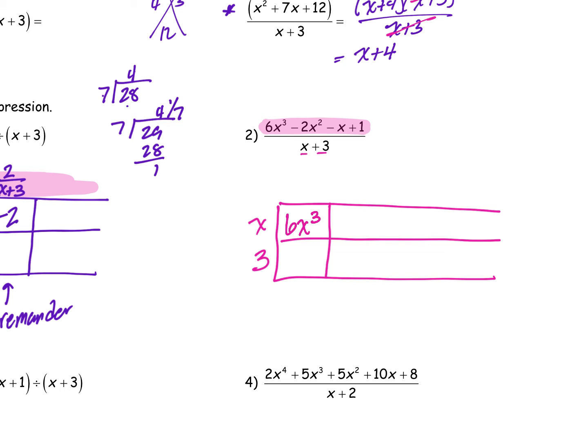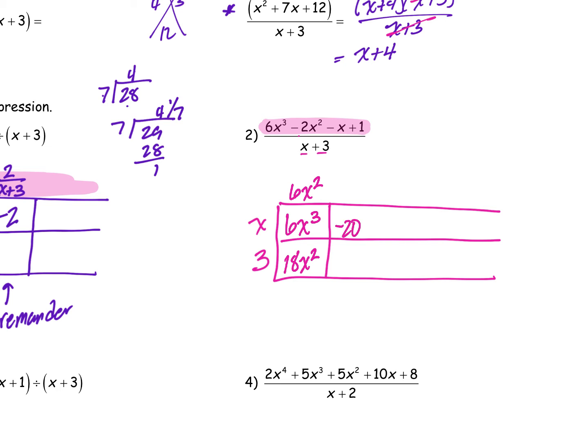So what do I multiply x by to get 6x cubed? Not x squared. 6x squared. There you go. Because x times 6x squared gives me 6x cubed. Okay? And then 3 times 6x squared is 18x squared. So what do I add to 18x squared to get negative 2x squared?